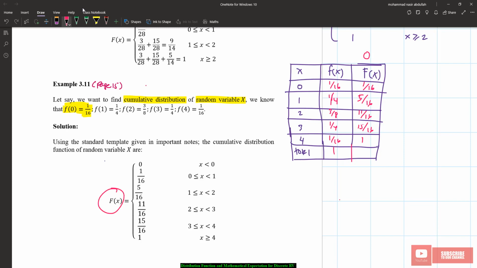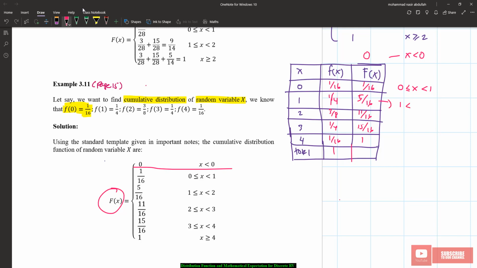This is a step function. Fx starts from 0 where x is less than 0. This is x less than 0. Then 0 is inclusive, x less than 1.